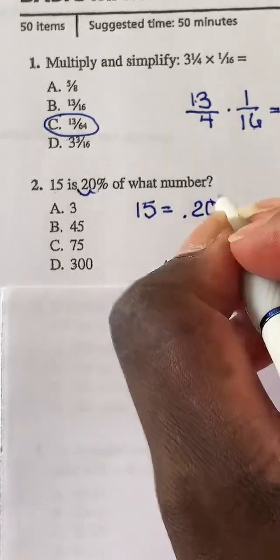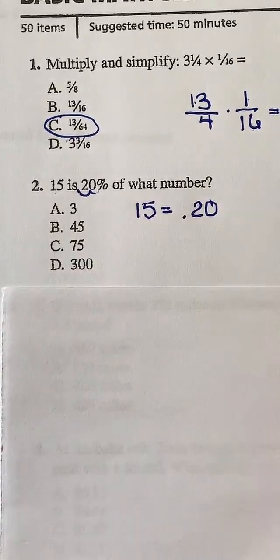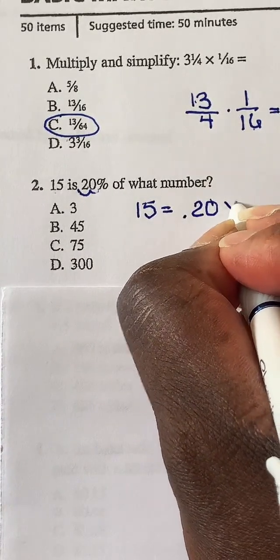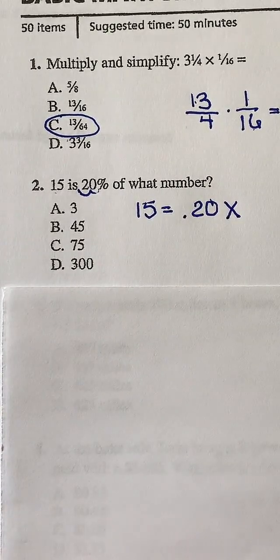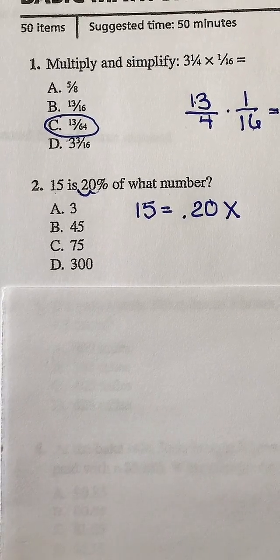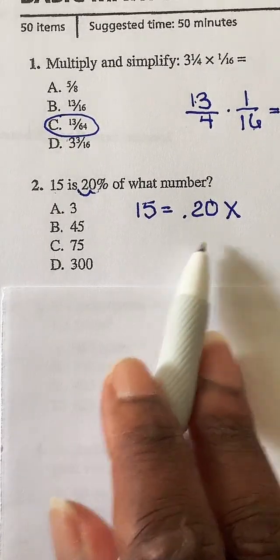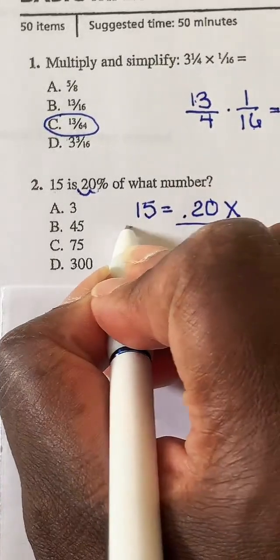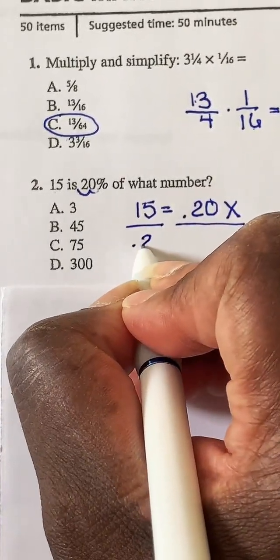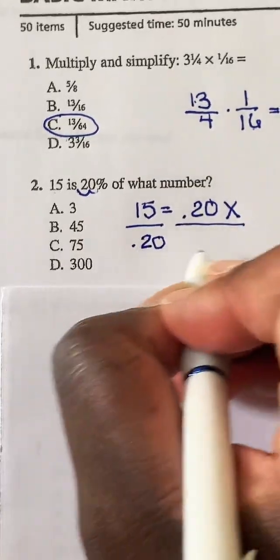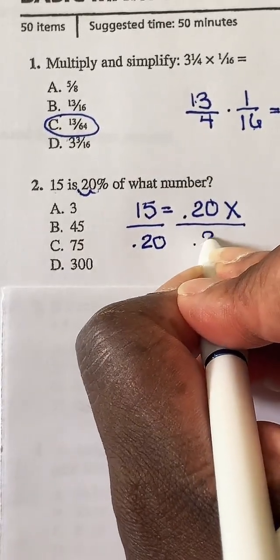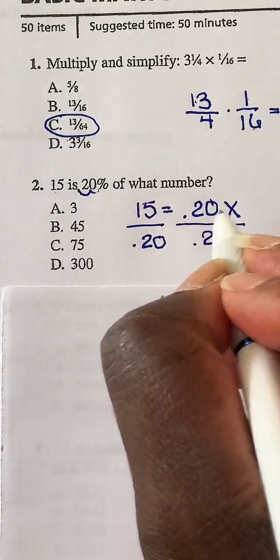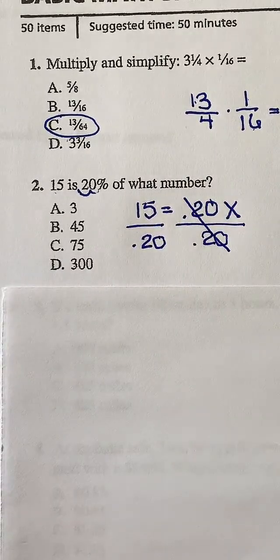Of means multiplication. Of what number? If I don't know what the number is, I'm going to use a variable. You can use N, you can use X, you can use any letter of the alphabet except for E and I, because those are actual numbers. So now we're trying to solve this for X. So we can divide both sides by 0.20, not by 20, but by 0.20 or 0.2. Okay, when we do that, they cancel out.